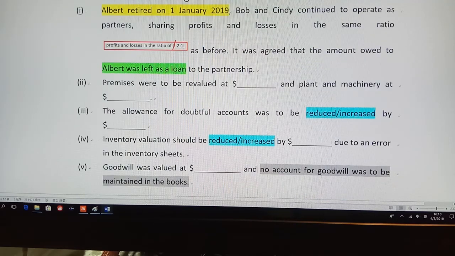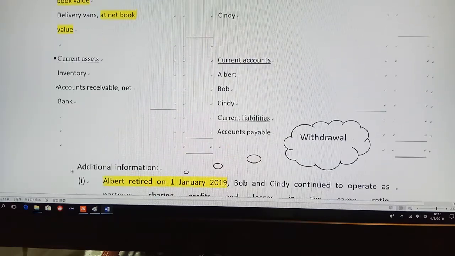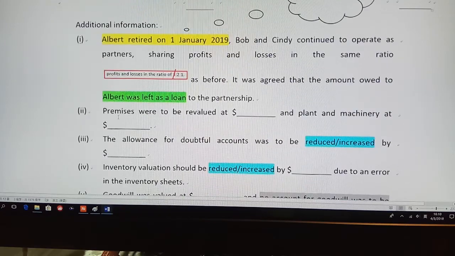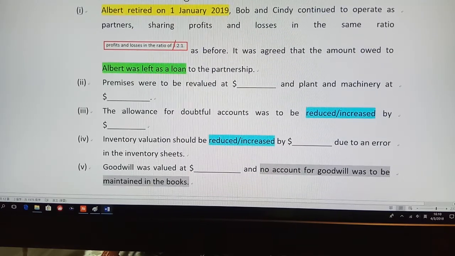Coming back, we see premises was revalued to a certain amount, plant and machinery revalued to a certain amount. So, we do not actually revalue accounts receivable or trade receivables, but there should be some point which affects the balance of the trade receivables. That is, the ADD, allowance for doubtful debts, may be reduced or may be increased. Okay, you should know about this.